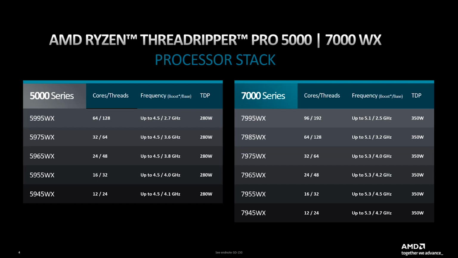So these are the basic technical parameters any ITDMs would look into: the number of cores, threads, base frequency, boost frequency, what TDP it is on, and what series or generation of processor semiconductor companies could offer. These are the current stacks we have on both 5000 series and 7000 series WX Threadripper Pro processors. Any questions, any doubts on this before I move to the next slide?